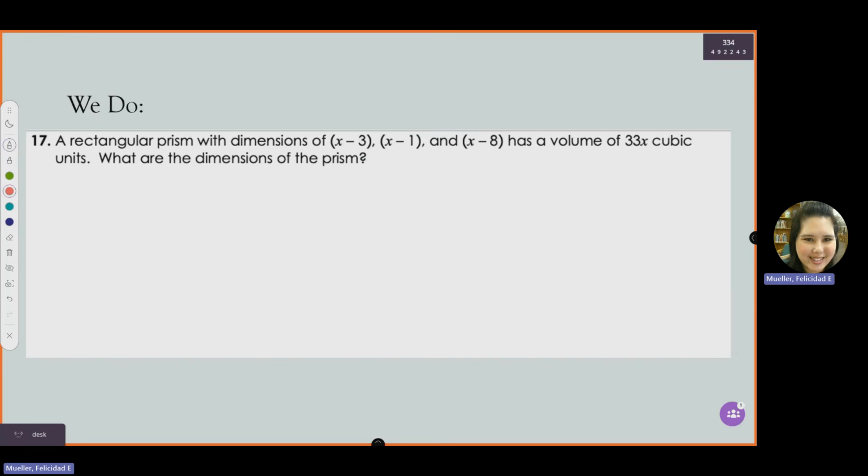So we should know that volume is going to be length times width times height. In this case, I don't care which one you make each one. I just want to know which one each is. So we know that my volume is 33x. It's the same thing as x minus 3, x minus 1, x minus 8.